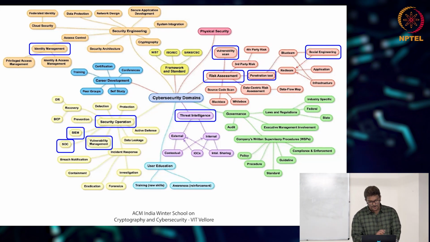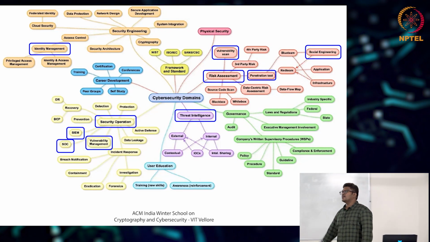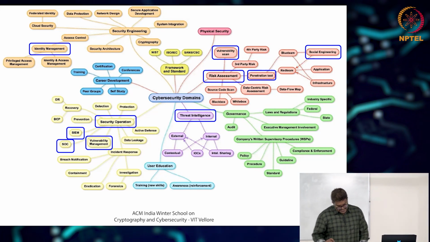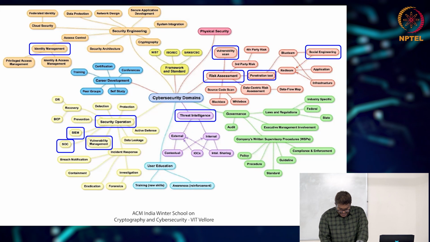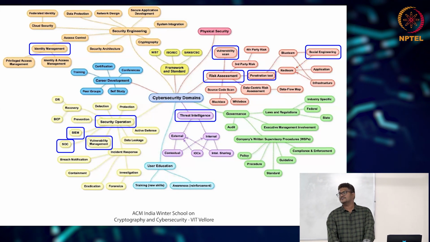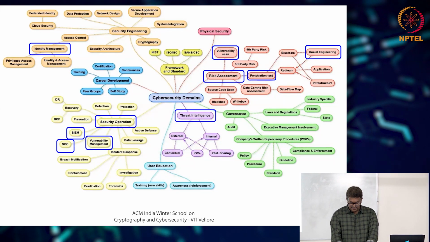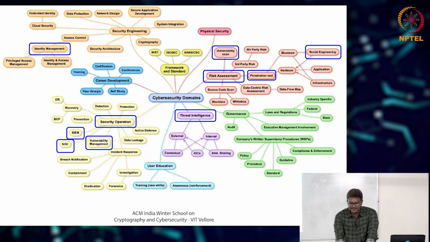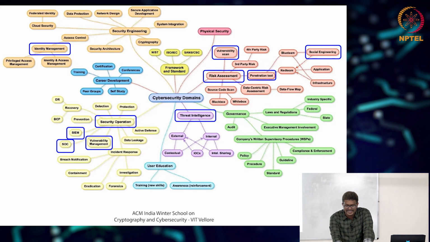In this context, we are going to cover all these things. Since I am running out of time, I don't know whether I can cover threat intel or not, but I will try to give you at least a gist of it. We'll go with risk assessment, and in risk assessment we'll go for pen testing.